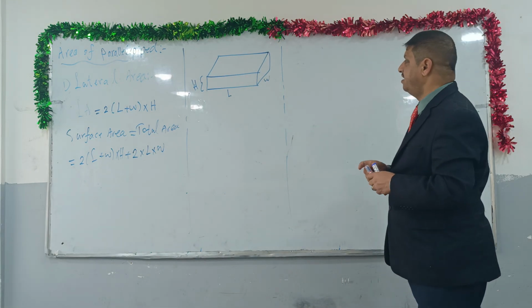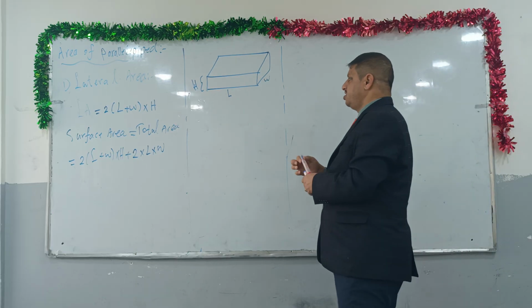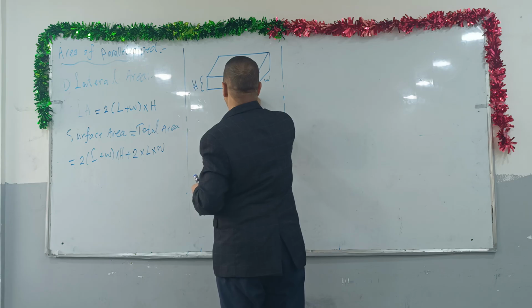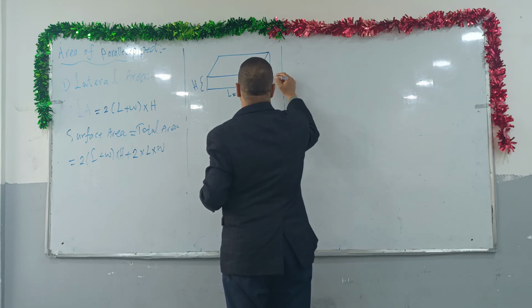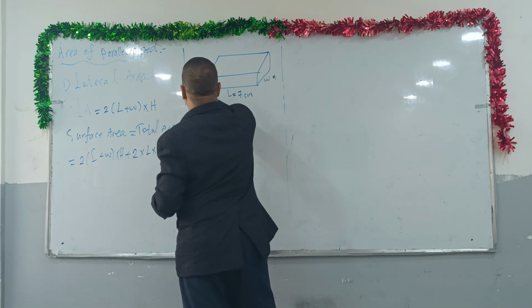Let's take an example. Suppose this is the shape on the board. Suppose the length equals 7 centimeter, the width equals 4 centimeter, and the height h equals 2 centimeter.